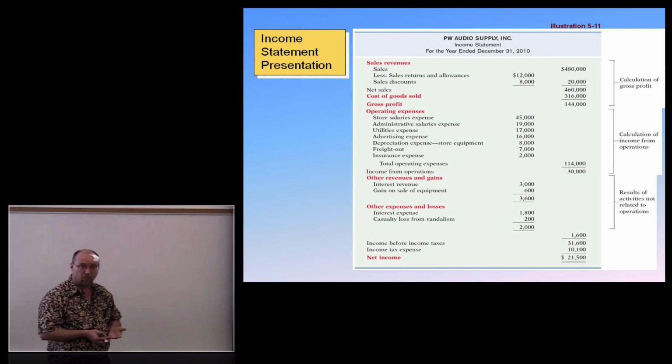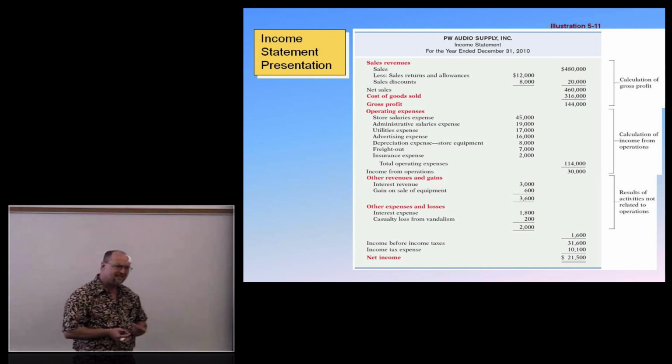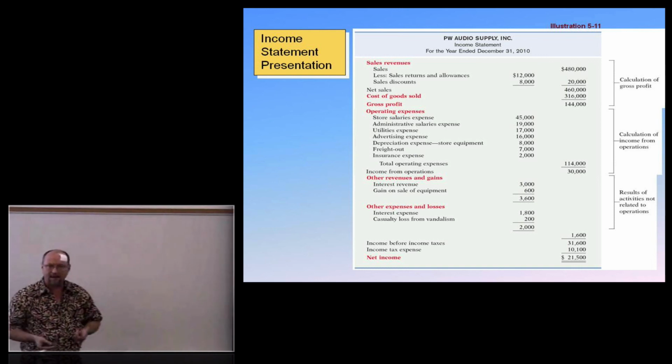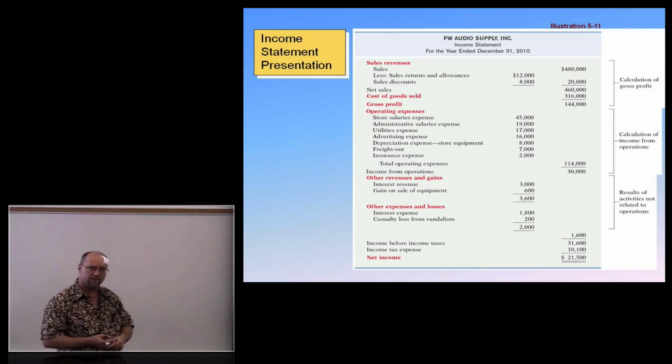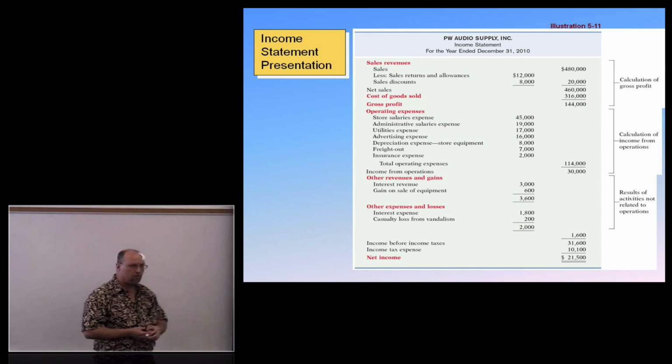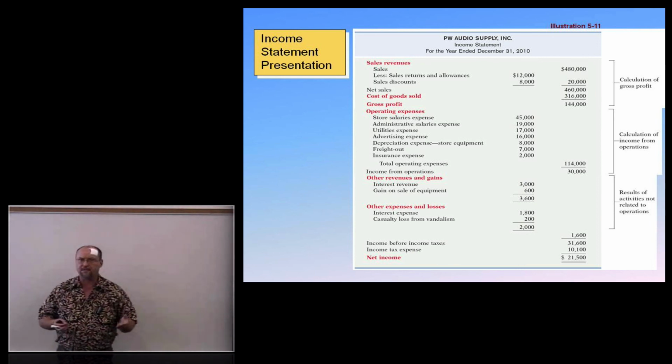Well, I have to account for it. It is a form of revenue, but it's not my primary business unless I'm a bank. But if I'm a retail business, I earn some interest revenue, and I account for it below operating income or income from operations.